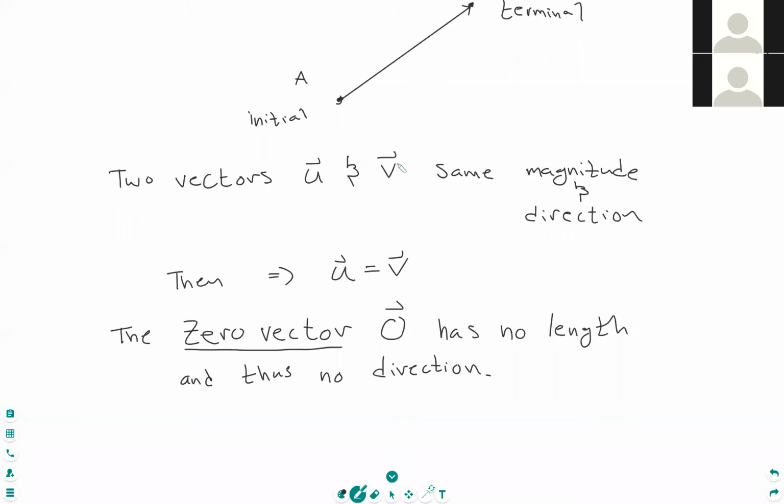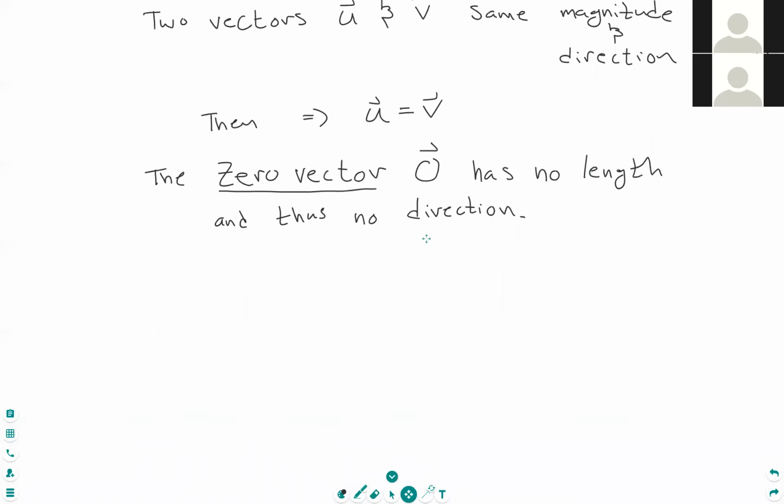Okay, so now that we've got vectors down, we've introduced this concept of a vector that has no length, doesn't point anywhere, the zero vector.